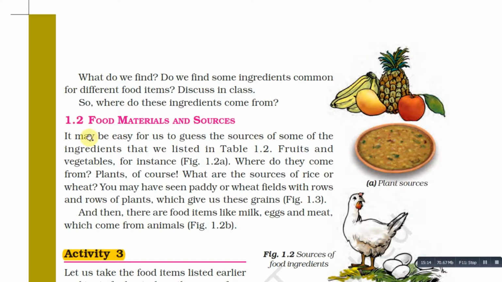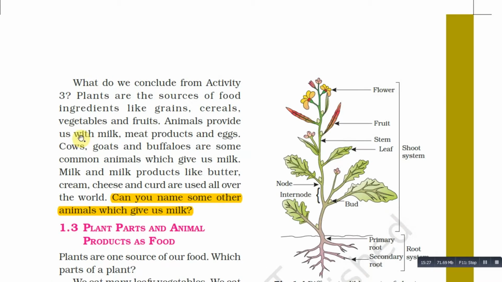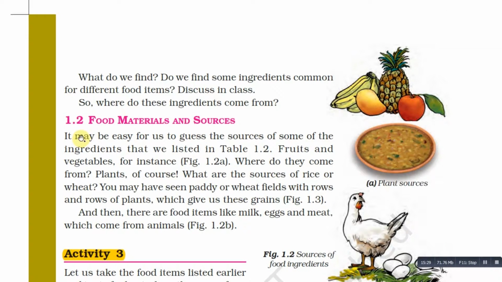I'll read: different ingredients, where are they coming from? Just now I have told you where cultivation of different types of food generally happens in India. Now I'll read out and then we will see. It may be easy for us to guess the source of some of the ingredients that we listed in the table.